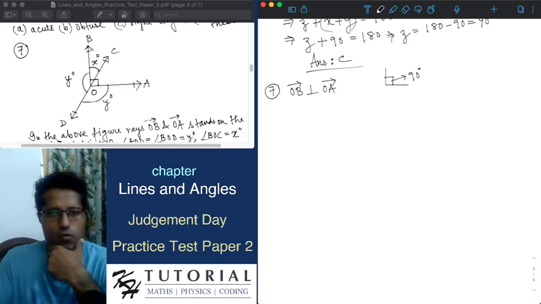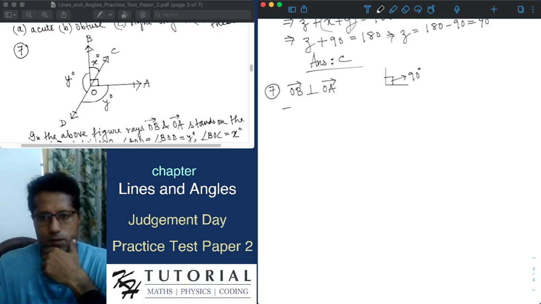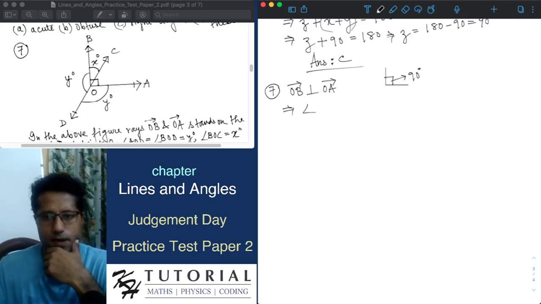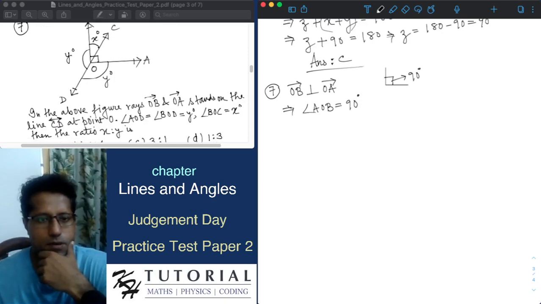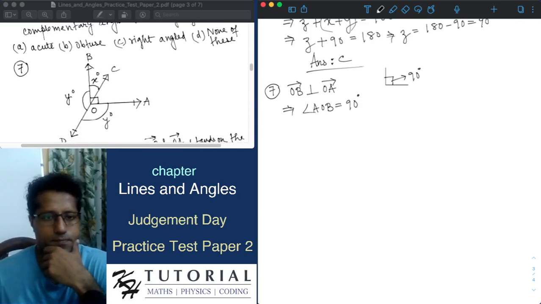So we can clearly see OB is perpendicular to OA. So this implies angle AOB is equal to 90 degree. It has asked the ratio of x is to y.